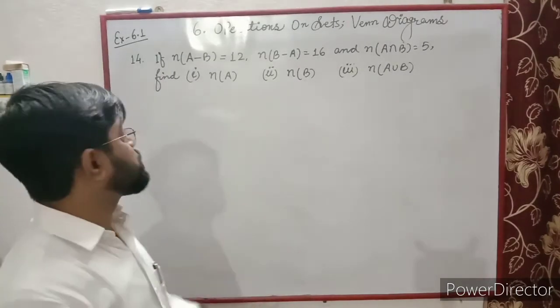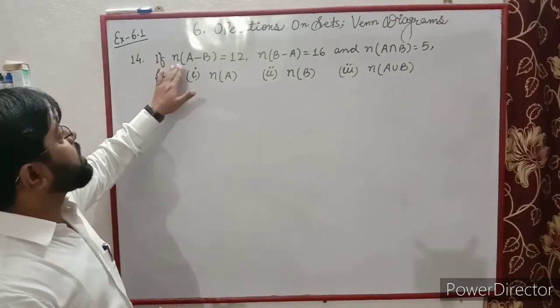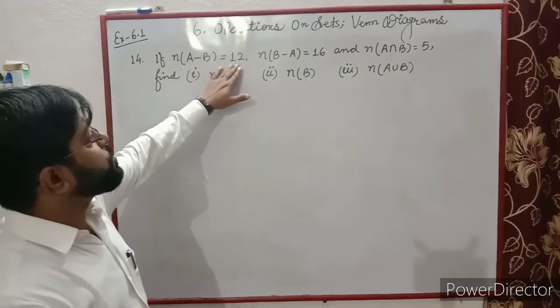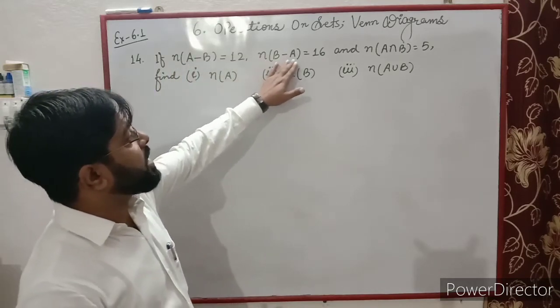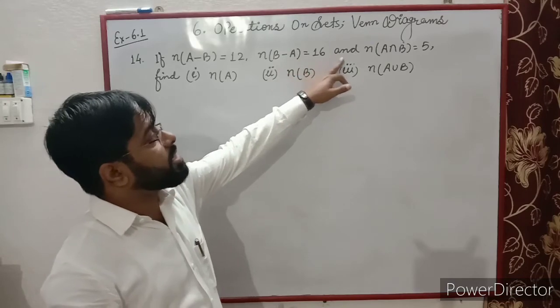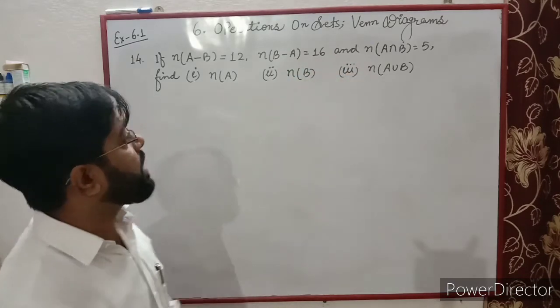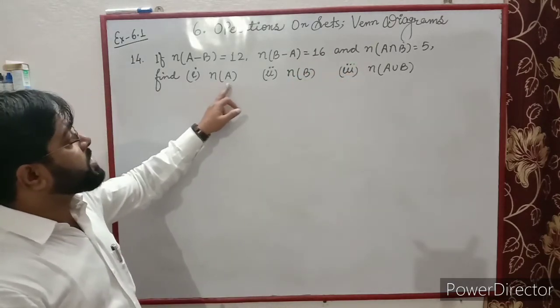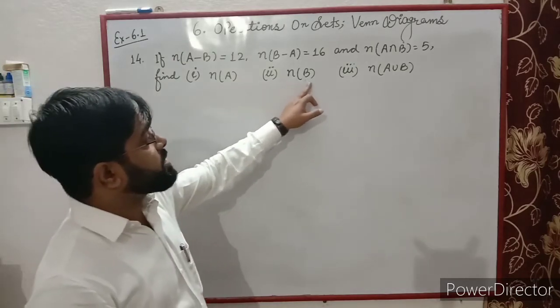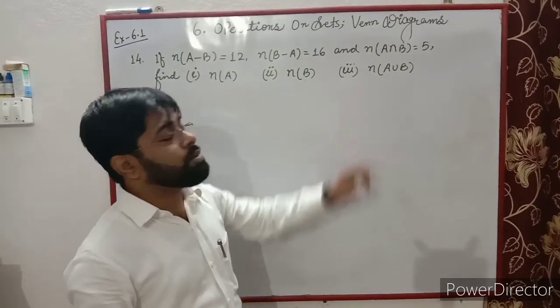Let's see one more question. Question number 14. If n(A minus B) is equal to 12, n(B minus A) is equal to 16, and n(A intersection B) is equal to 5, find first n(A), second n(B), and third n(A union B).